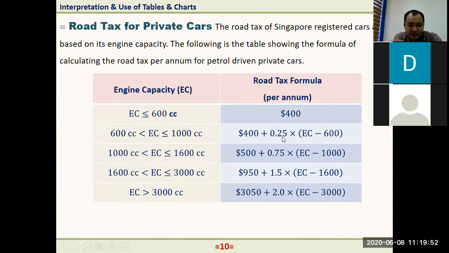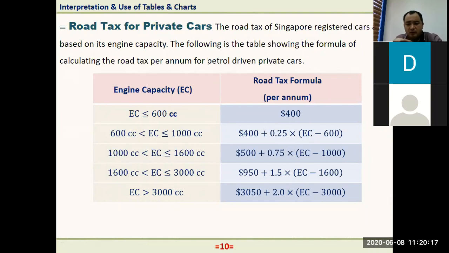That means that for each cc, you are multiplying by 0.25, right? EC minus 600. For example, you have a small car. The engine capacity is, let's say, 800. How much will you pay? That means 400 plus 800 minus 600 is 200. 200 times 0.25 is 50. So we have to pay $450 for your car.